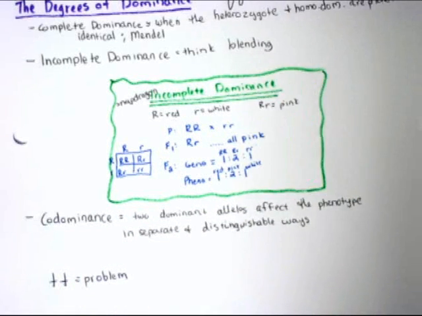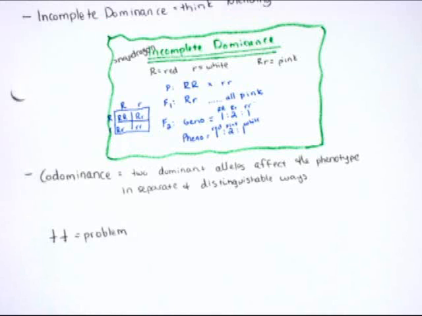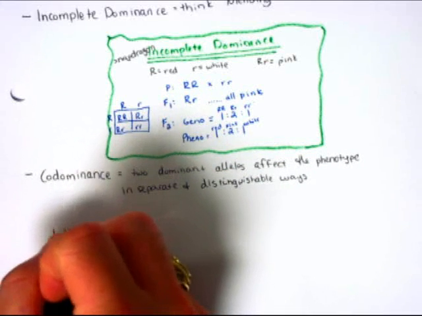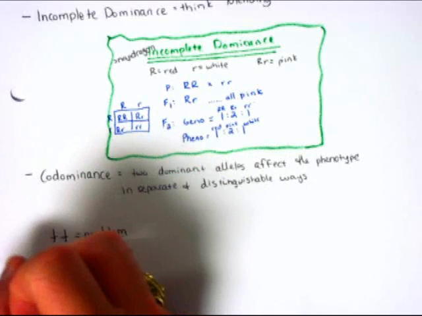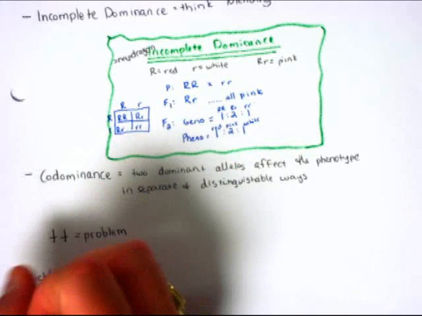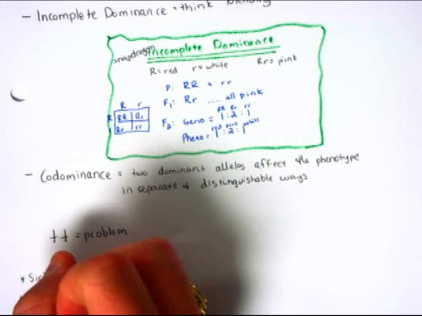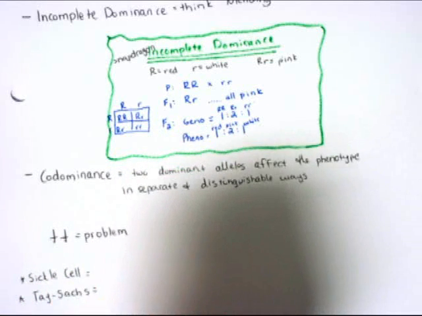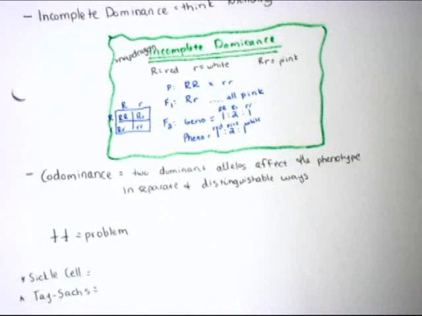Having little t, being homozygous recessive, gives you the problem that you experience, right? Some good examples of that would be sickle cell. Or, here's one I want you to know from this chapter, Tay-Sachs. Let's go over both of those real quick.